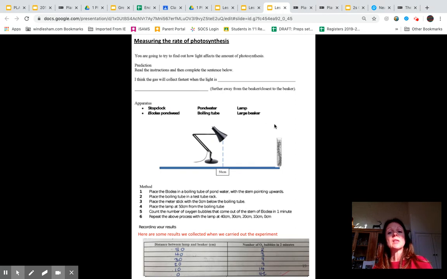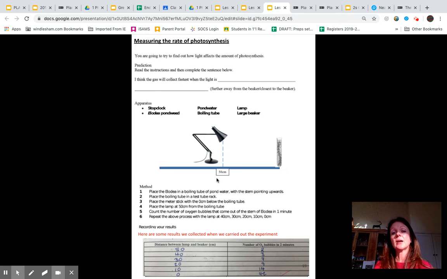But what we do in the lab is we use the most simple version here. So if you were in the lab, you would now be collecting these pieces of apparatus. You'd collect a lamp, a meter ruler here, which sits along here, a large boiling tube, and a piece of pondweed that you would cut a fresh end to, and then you would cover all of the pondweed with pond water.